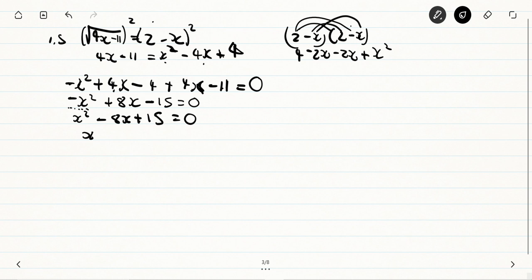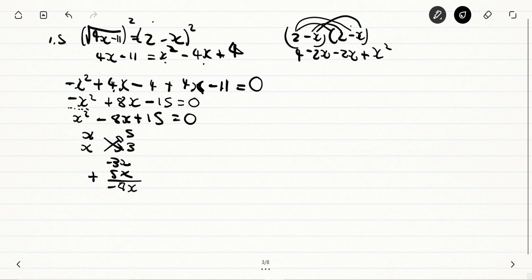So we know that x squared is made by x times x, and 15 is made by 5 times 3, and then 3 times x is 3x, 5 times x is 5x, and then when we add these two, what can we do to them such that they give us negative 8x?